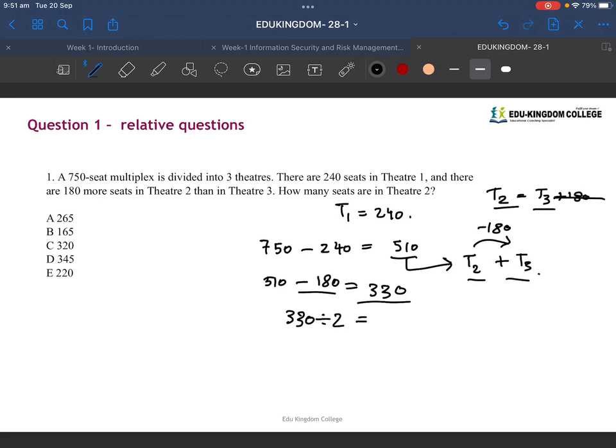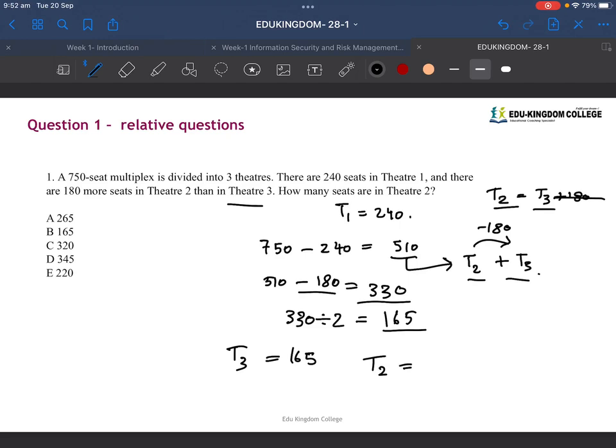So we find this out. 330 divided by 2 is 165. So 165 is however much T2 and T3 have. But now that we subtracted 180, we have to add it back, remember? So 165 must be the T3, right? Because the lesser is T3.